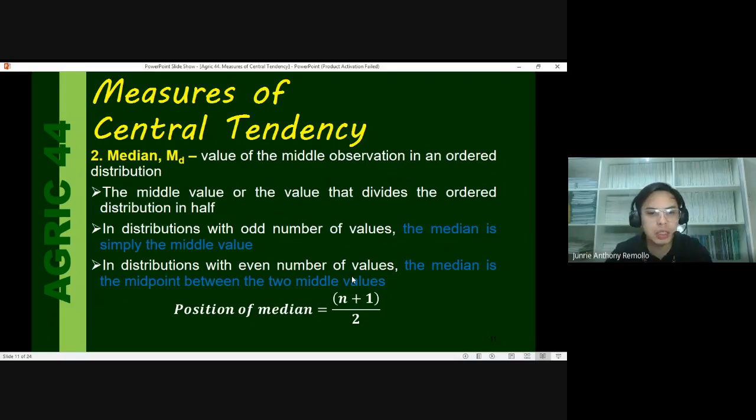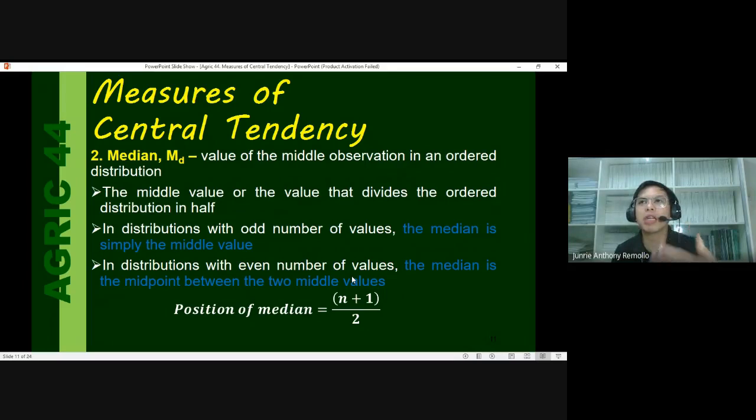In distributions with an even number of values, on the other hand, the median is the midpoint between the two middle values. Of course, when it is even, we cannot pinpoint any single middle value, so we get the midpoint between the two values, which means getting the average of the two values, divided by 2. That is all about the median.